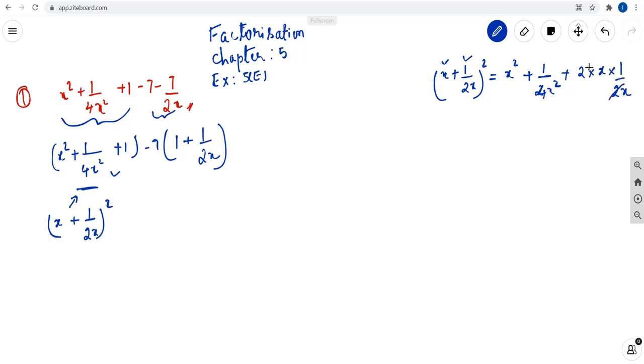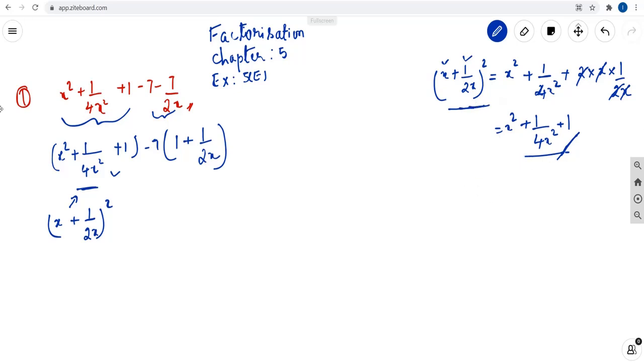The 2 gets cancelled, x also gets cancelled. So you get x square plus 1 divided by 4x square plus 1. So instead of this I have written this equation.